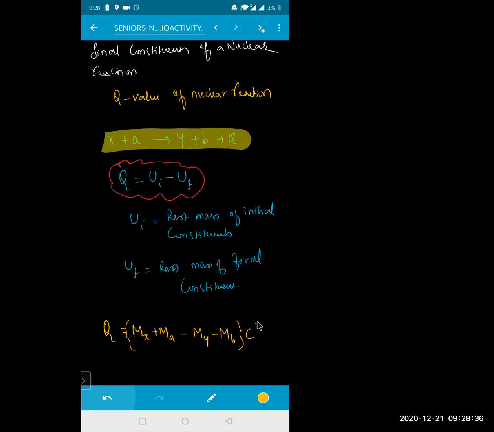So delta Q is equal to delta M into C square. So that is the relation for how we write the value of Q: Q is equal to the mass of X plus mass of A minus the mass of the product that has been formed, minus the mass of the daughter nucleus, into C square.